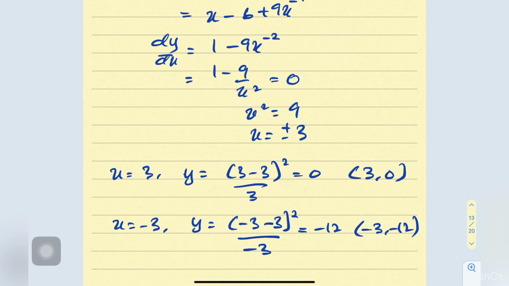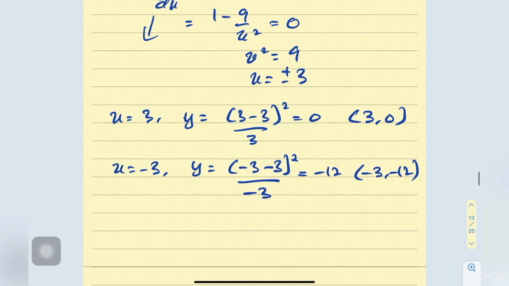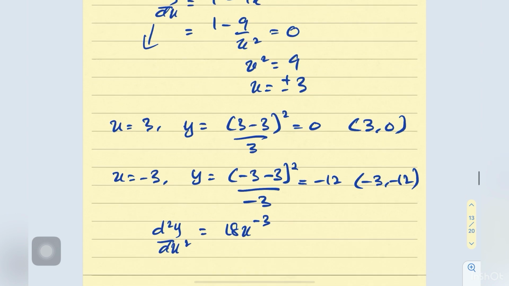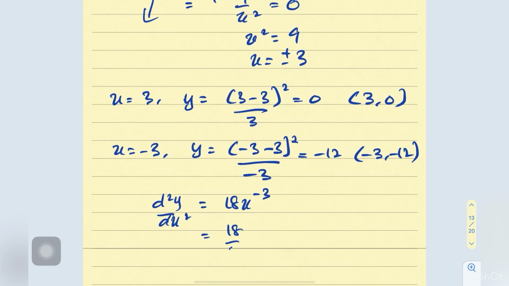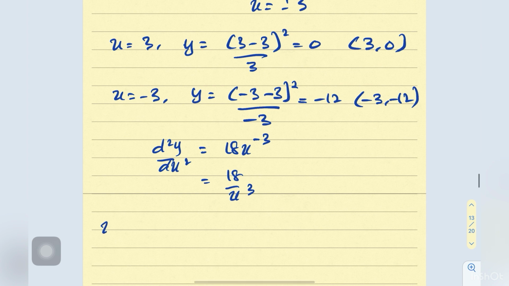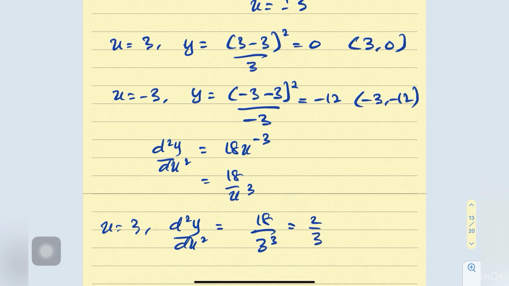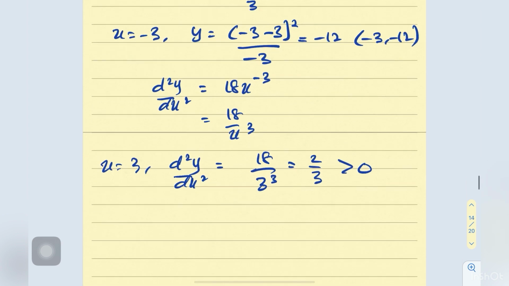Differentiate another time to identify maximum or minimum. So this becomes 18x to the power of negative 3, d squared y over dx squared, so 18 over x cubed. When x equals 3, d squared y over dx squared is 18 over 3 cubed, 18 over 27, 2 over 3, which is more than 0.